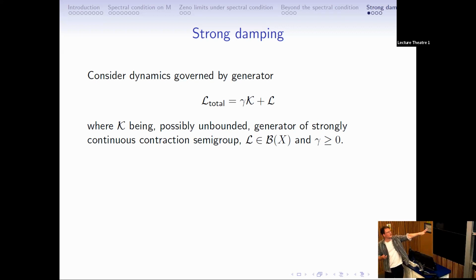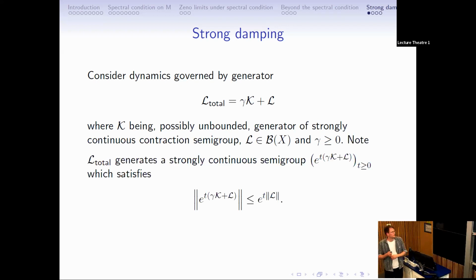So K can in our case possibly be an unbounded generator of some strongly continuous contraction semigroup on this Banach space. L is just bounded. So okay, first of all, we know by elementary semigroup theory that the sum, K plus L, generates a strongly continuous semigroup as well. It won't be a contraction semigroup anymore, but we still get a nice norm bound which looks like that.